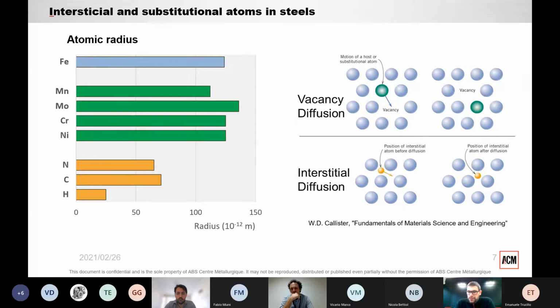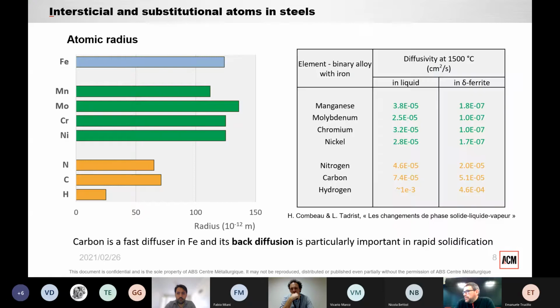In the crystals, in the atoms. So I just put a table with the diffusion coefficient at 1,500 degrees to show you the difference in terms of diffusion for substitutional atoms.